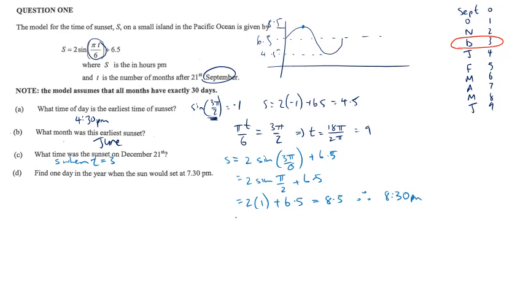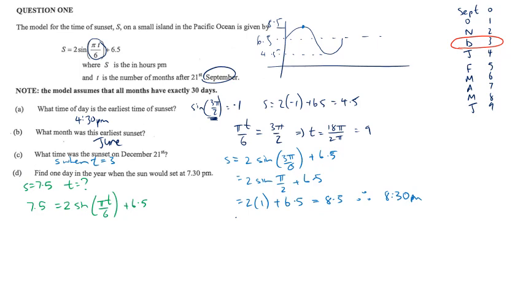And so what we do now is find one day in a year where the sun would set at 7:30. All you're asked to do there is really talk about S is 7.5. What is t? Okay, so we're going to go 7.5 equals 2 sine pi t over 6 plus 6.5.